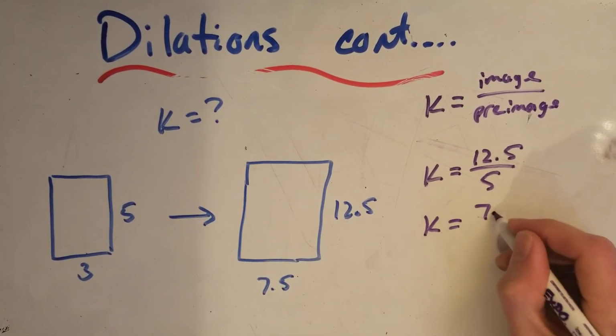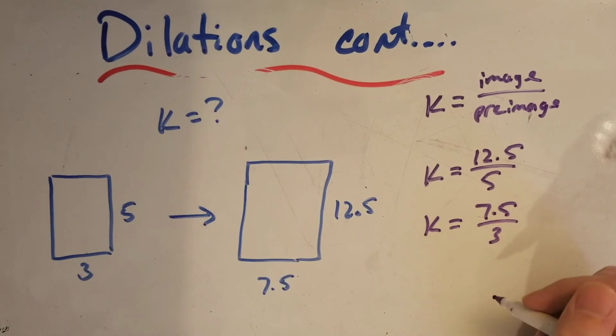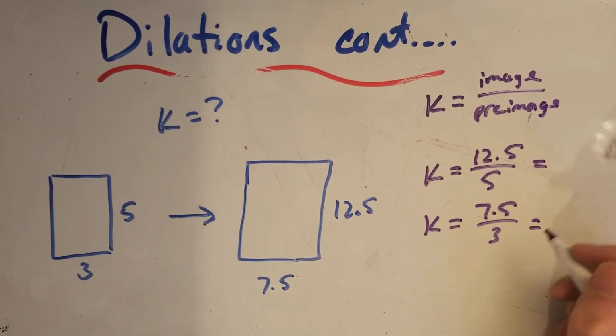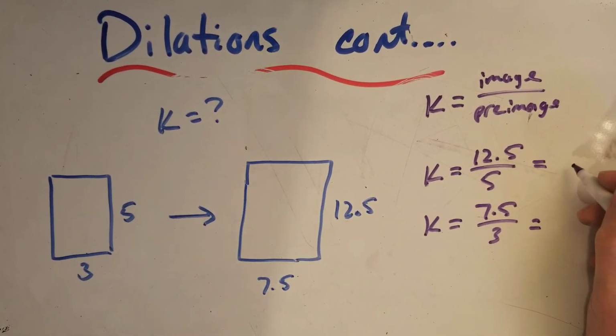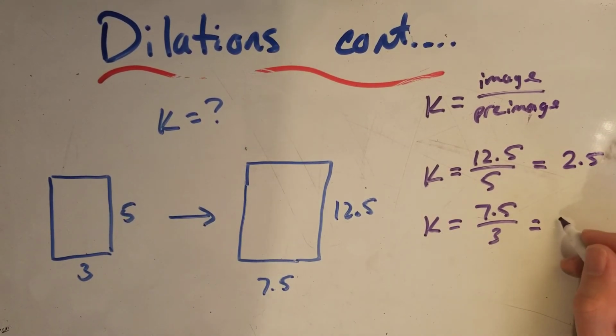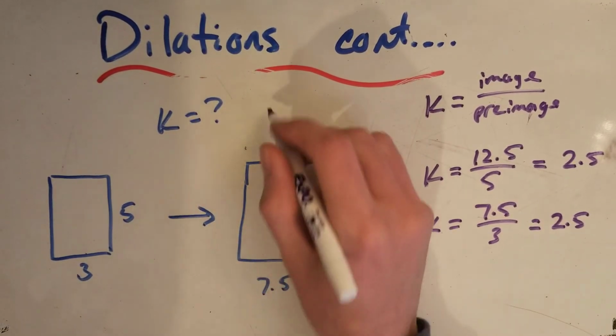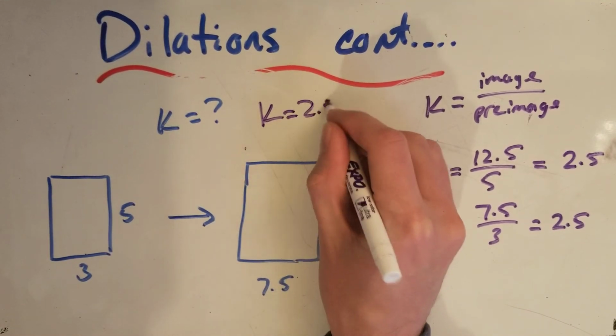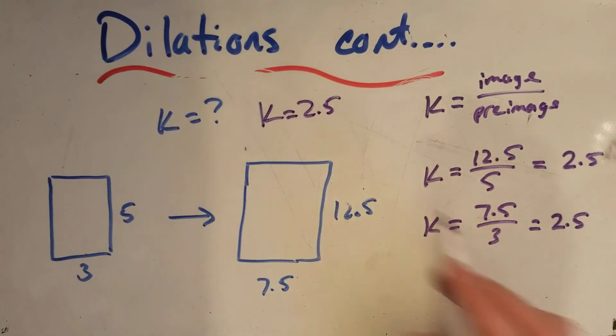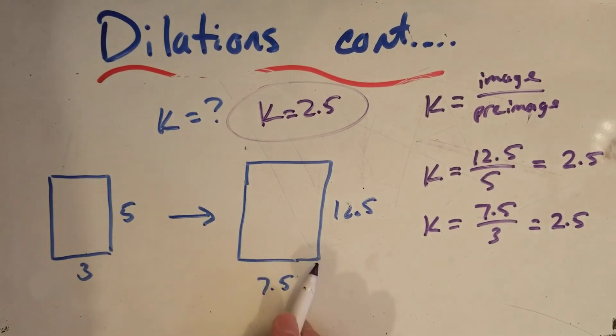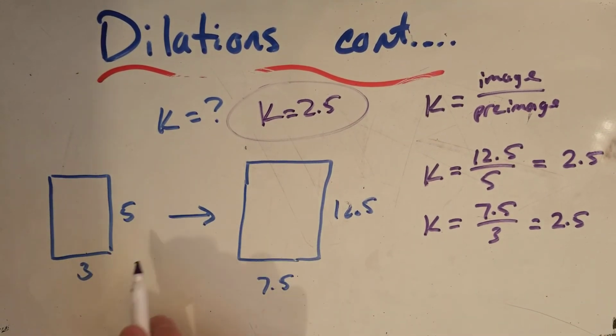If you wanted to do the 7.5, then you'd have 3 in the denominator. You can simplify either one. If you're having a little trouble, you can use a calculator. But for this one, we should end up with 2.5. So our scale factor is 2.5. To enlarge to this size, he would have to make everything 2.5 times larger.